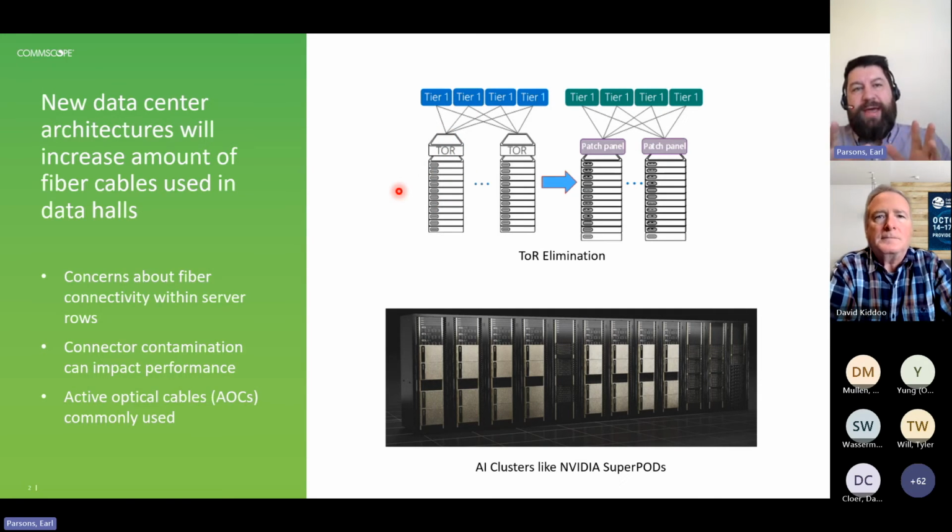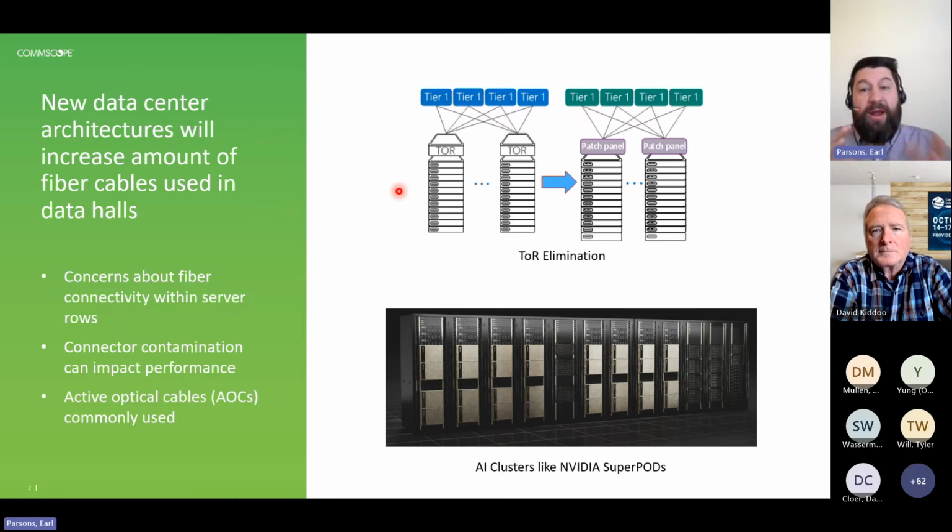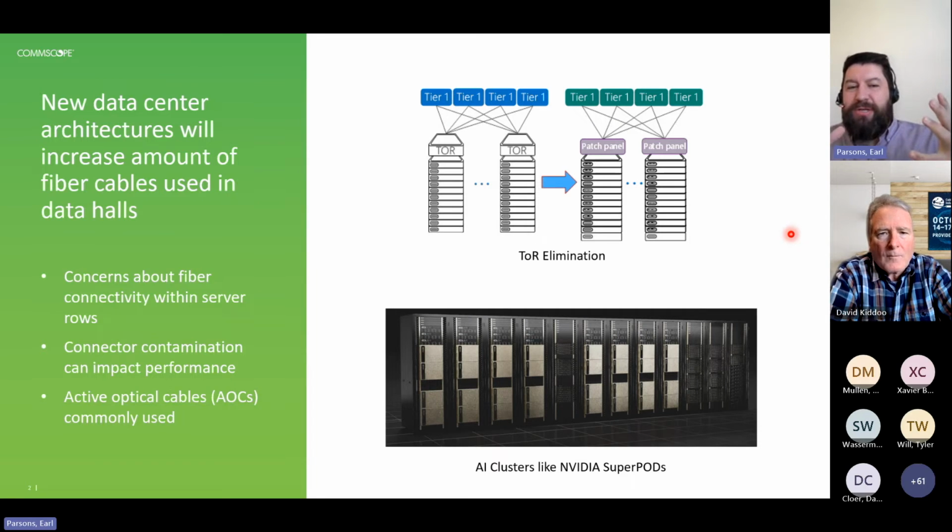Some end users talk about a front end network and a back end network, where the front end is their traditional compute, which will look like this on the left and does their regular services. And then the back end is where they have all these AI clusters that are not isolated, but kind of segregated into their own types of pods and their own architectures. We might see something more like the right. The architectures come out of the different use cases. So I think we'll see both going forward in data centers.